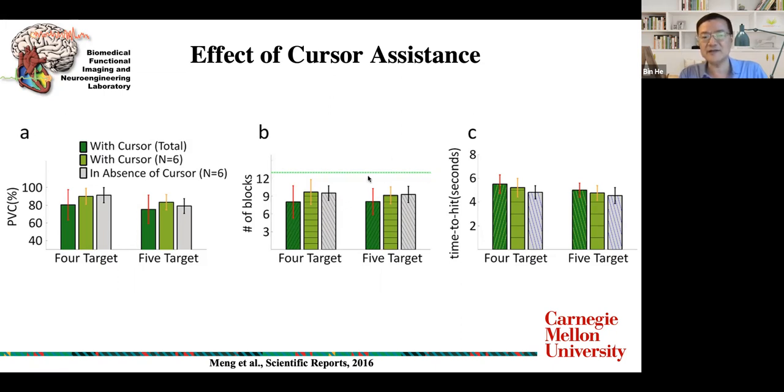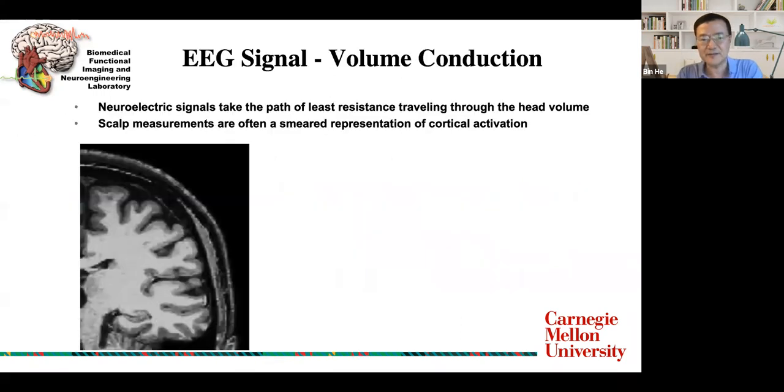You can see that there is no statistically significant difference between with visual aid or without visual aid, just to show that the visual aid is not the most critical factor for the human subject to learn to control a robotic arm.